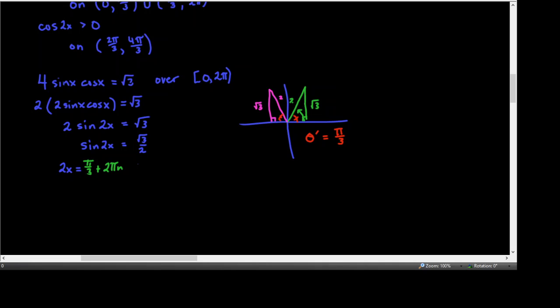or the argument of sine, 2x, is equal to, and what is the angle in the second quadrant with reference angle pi over 3? That's 2 pi over 3. And then add 2 pi n to that to get all coterminal answers.